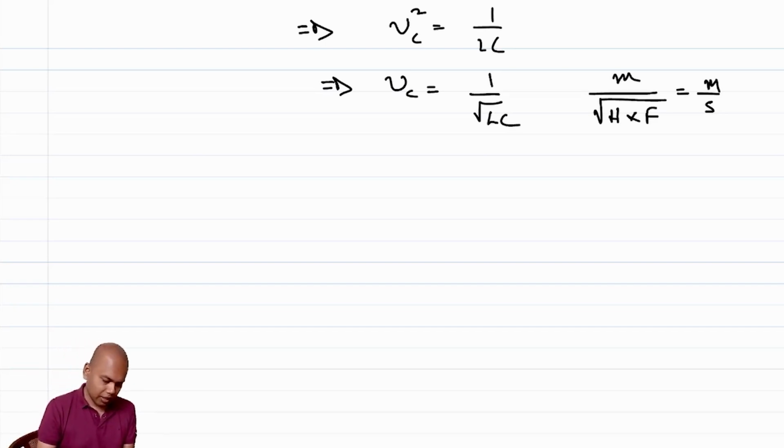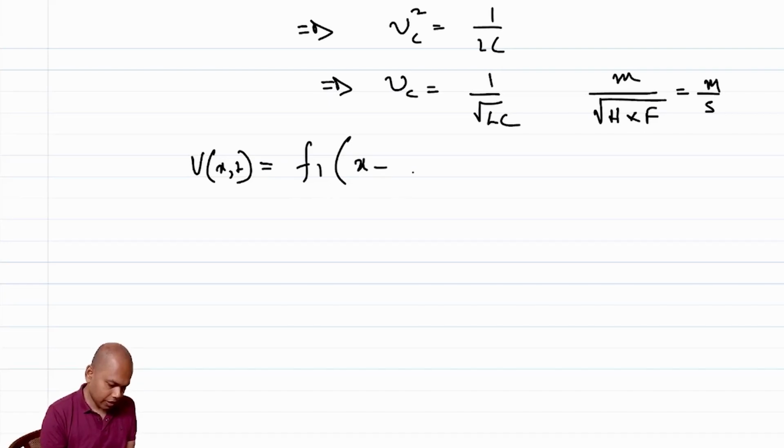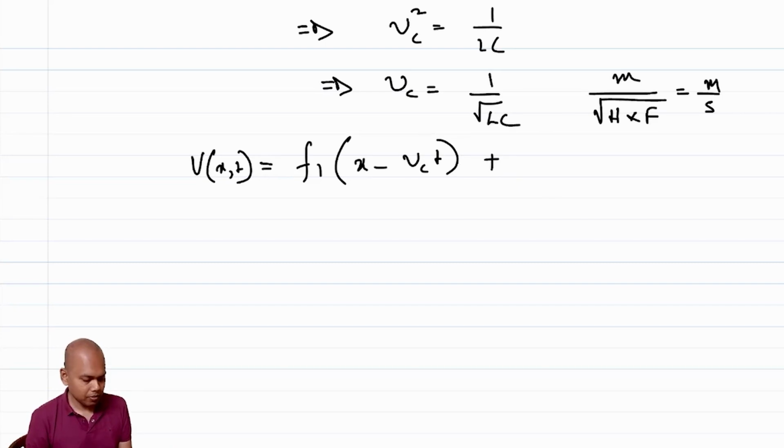So what is the key takeaway? The key takeaway is that ultimately your v of x comma t becomes f1 of x minus vct, where vc is the velocity with which some wavefront is moving, right?